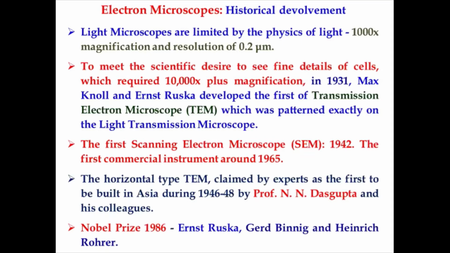But the first attempt was made to design the transmission electron microscope because it was a simple analogy of a transmitted optical microscope. So the components of the transmitted optical microscope were replaced. You have an optical source, they used an electron source. The sample was there, and then they collected the transmitted electrons. In between there were lenses.